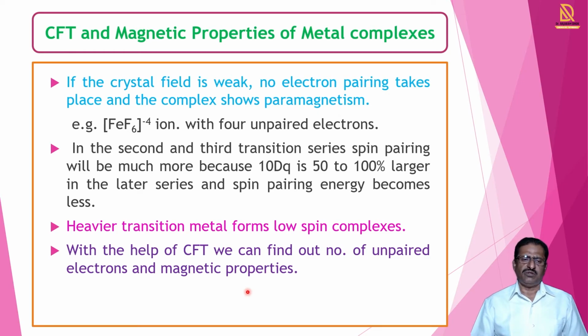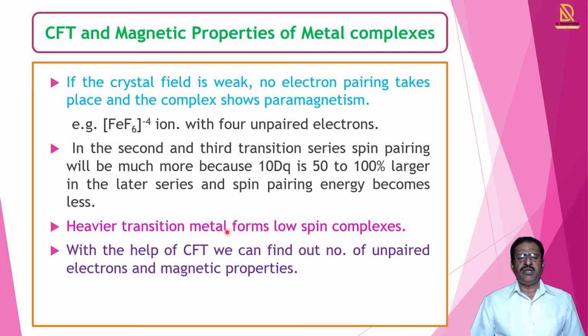For that purpose, we take the example of [FeF6]4-, similar to [Fe(CN)6]4-: only the ligands are changed, the metal is the same, and the coordination number is also the same. It contains 4 unpaired electrons.